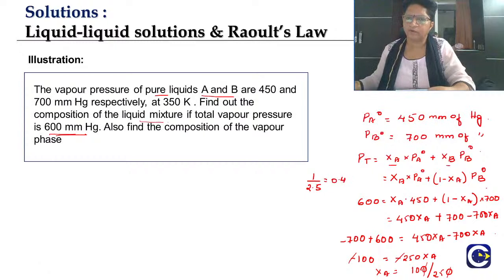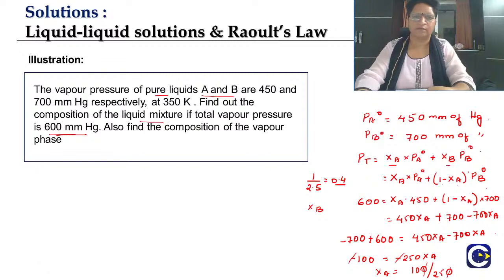If this is 0.4, what will be XB? If XA is 0.4, what is the mole fraction of B? A is 0.4, B? Good. How do we do it? XA plus XB is 1, so XB is 1 minus XA.